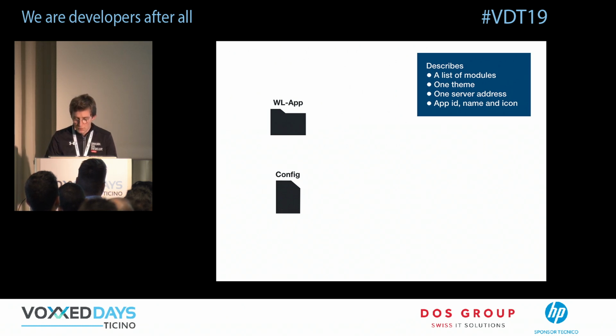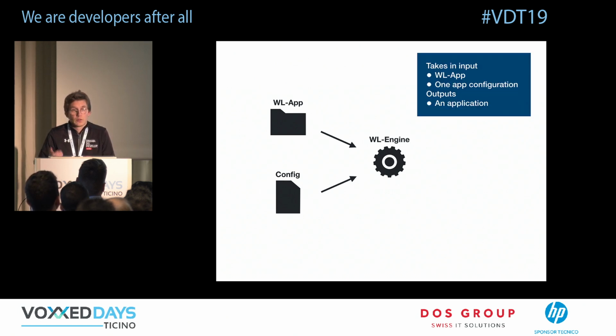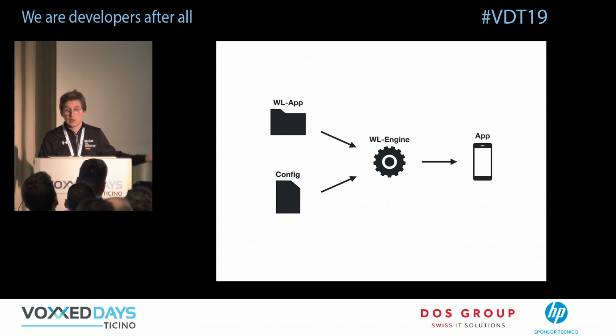And how this all comes together is by using the white label engine, which is the core of our framework. So what the engine does is take as input the white label application and one application configuration. So we're going to tell the engine to take this white label app and also take the configuration for Visit Lugano. And then our engine will produce an actual application we can deploy on stores, we can release, and that's the target.